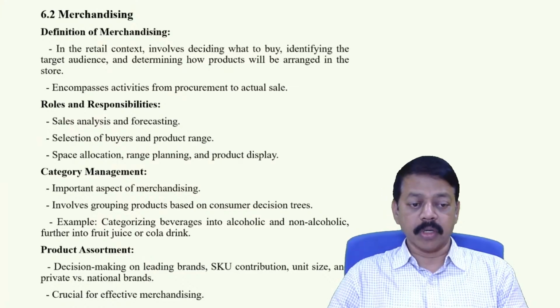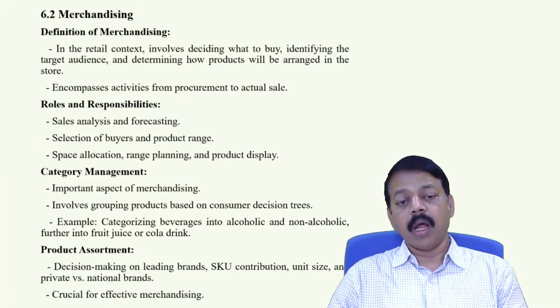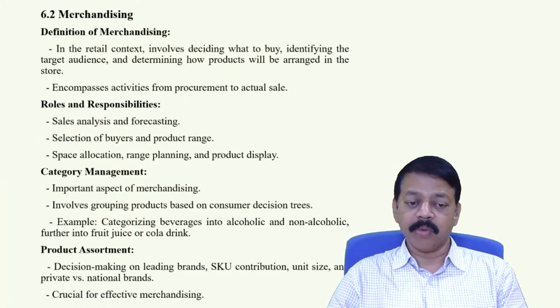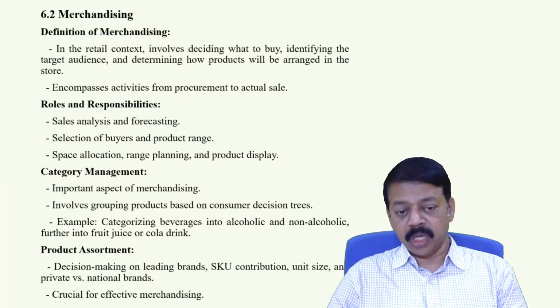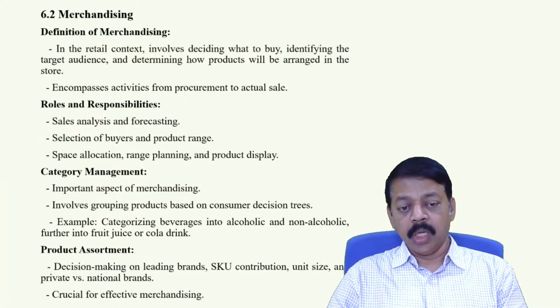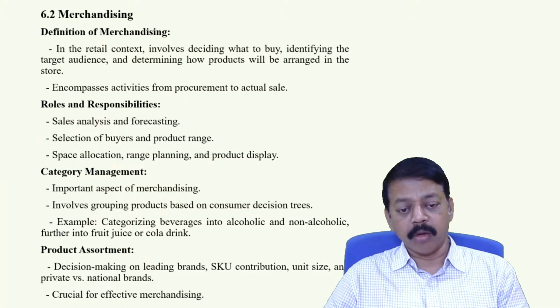How do you assort your products? Leading brands are leading brands. They are going to be displayed at the very point where the customer has a face-off. He is going to see the products and brands when he enters your store. Because these are leading brands, that gives you a very elitist or sophisticated image of your outlet.